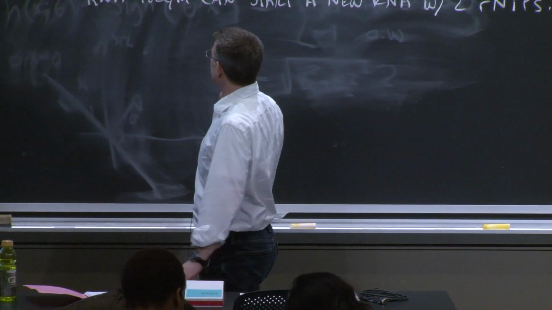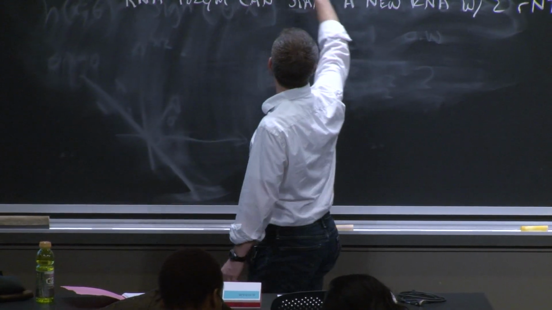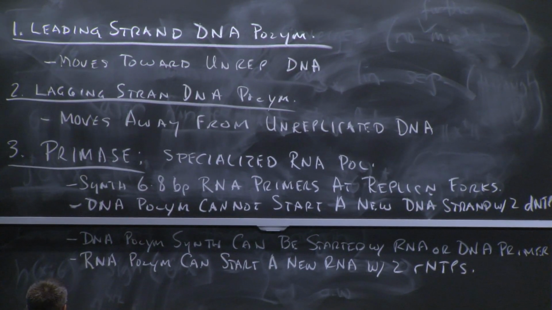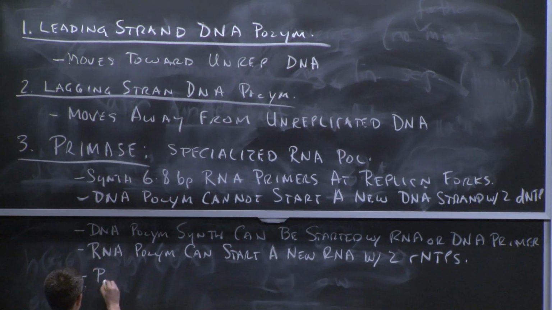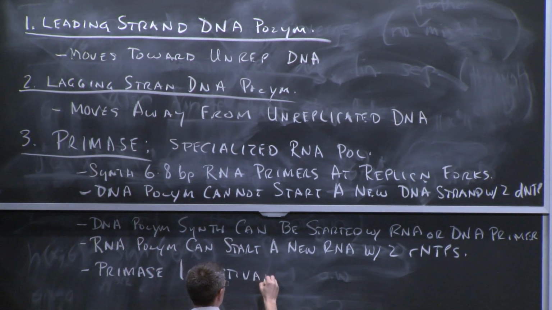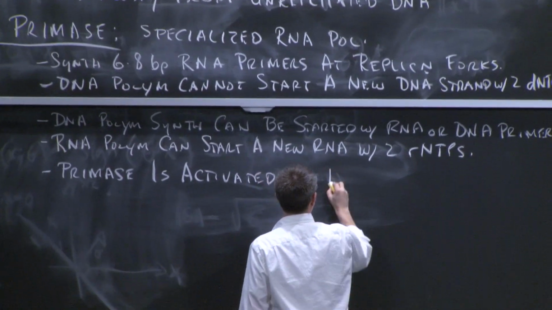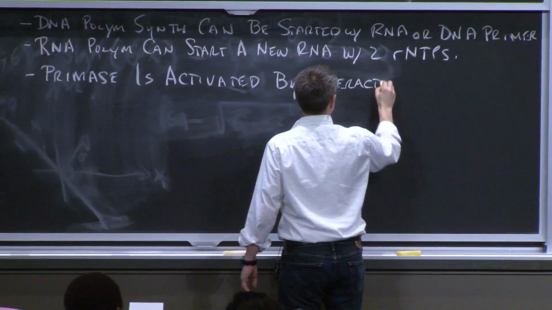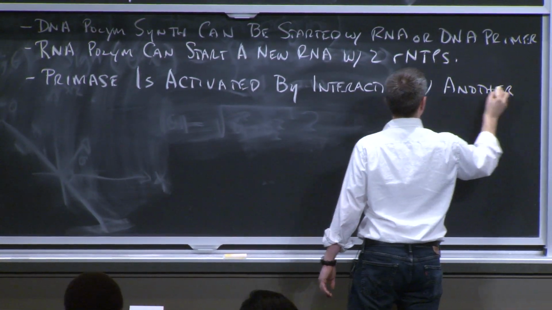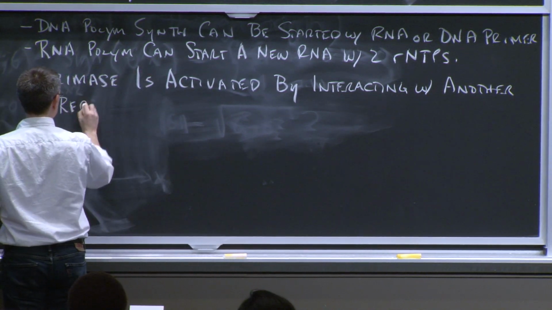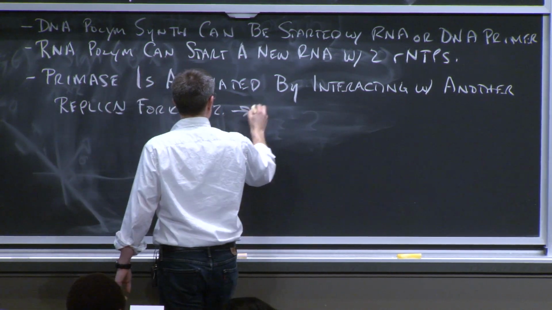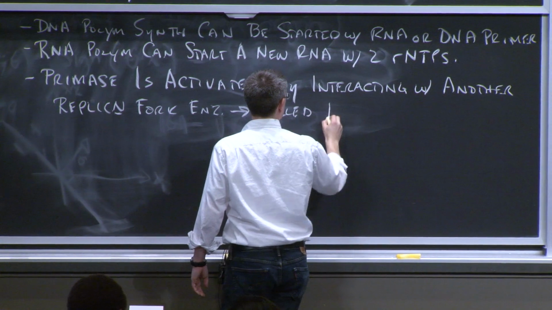Okay, so the other interesting aspect of this is this first thing that I said, which is that it acts at replication forks. And it turns out the reason primase acts at replication forks is it is activated by interacting with another replication fork enzyme, and that's called DNA helicase.